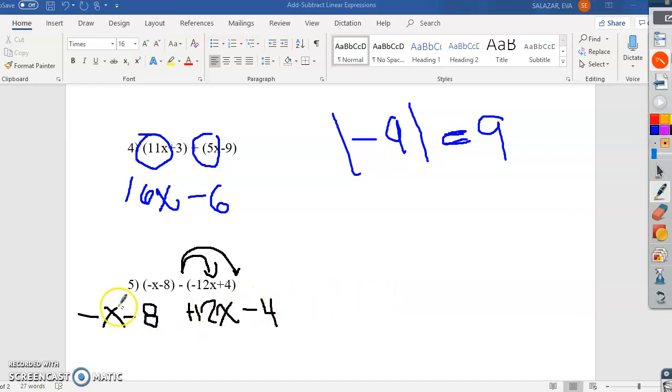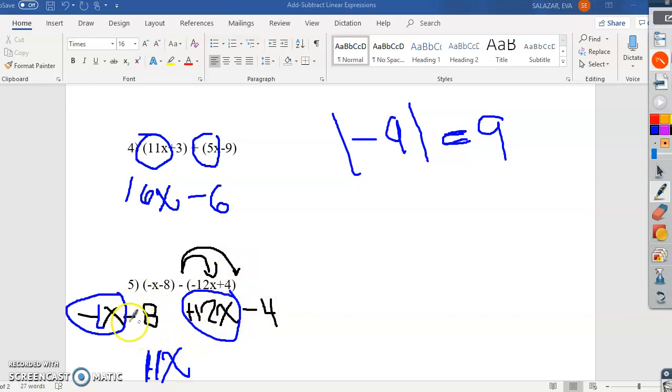So I'm going to combine negative x and positive 12x. Different signs, we subtract. So that means that we're going to have to take away 1. Remember, there's a 1 here. So that's going to give us 11x.